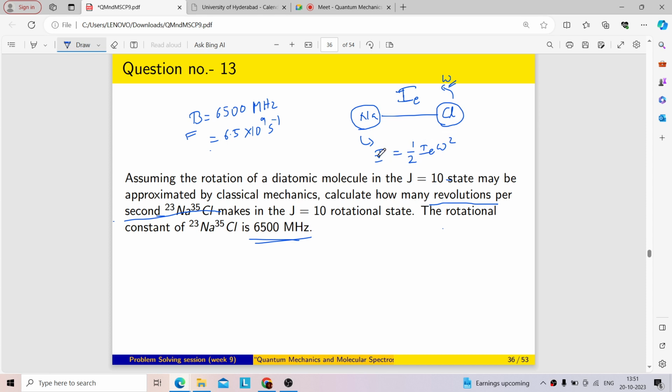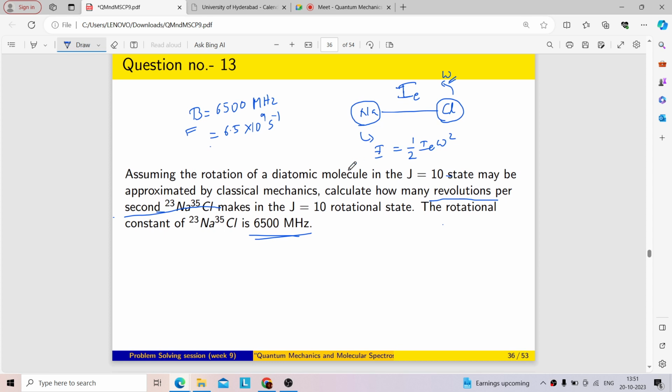Now from rotational spectroscopy we know the energy in the J state as hBJ times J plus 1.